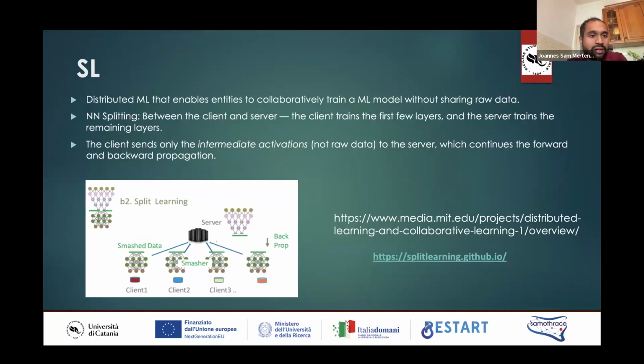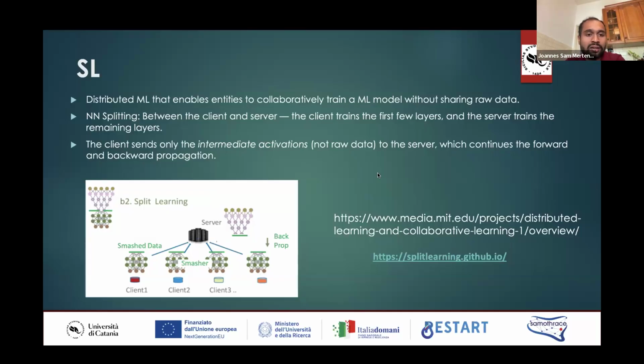So there was this technique called split learning. It's like federated learning, but completely different. This was proposed by the team at the Massachusetts Institute of Technology, MIT. What they proposed was splitting the neural network and training between the client nodes and servers. This was mainly proposed for healthcare scenarios, because it avoids these GAN poisoning attacks, since you have a partial neural network on the client side and a partial neural network on the server side.